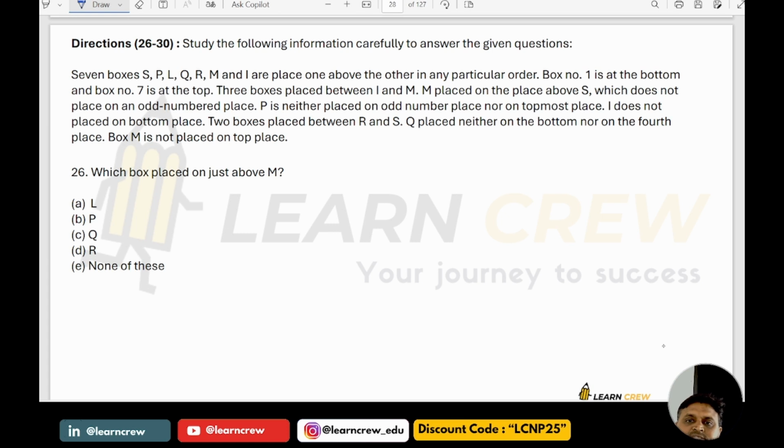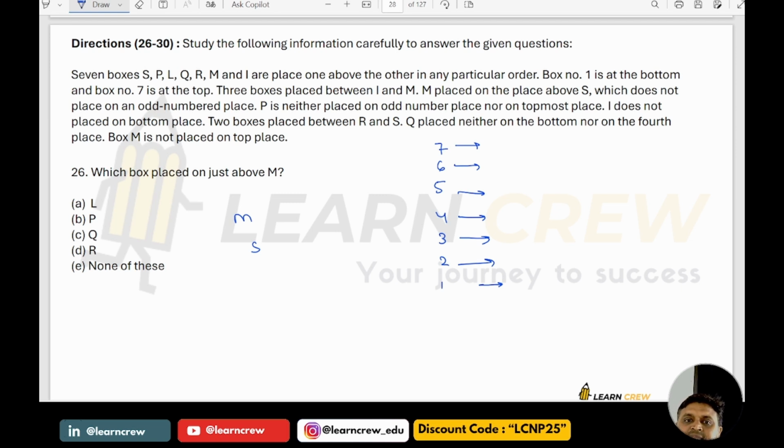Now 7 boxes are placed one above the other. So box number 1 at the bottom, like that, box 1, 2, 3, 4, 5, 6, 7. 3 boxes are placed in between I and M. M is placed above S, which is not placed in an odd numbered place.